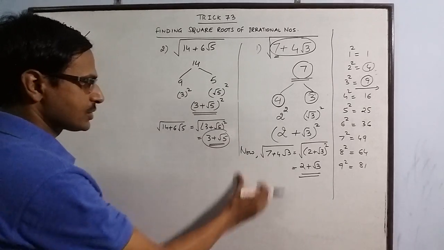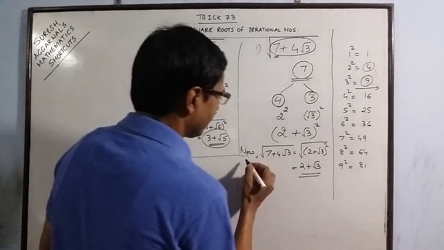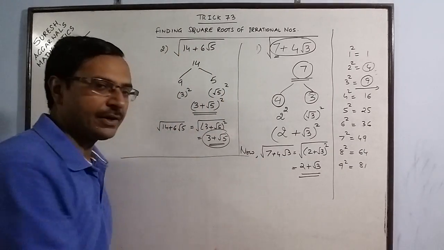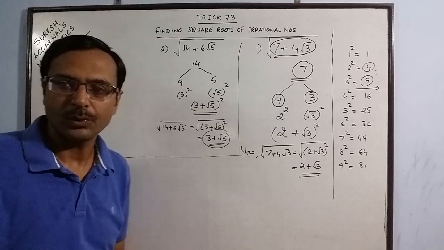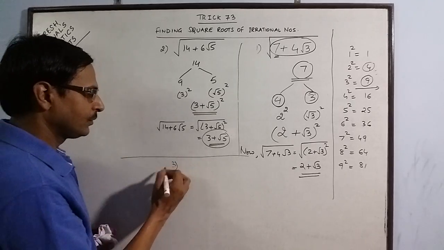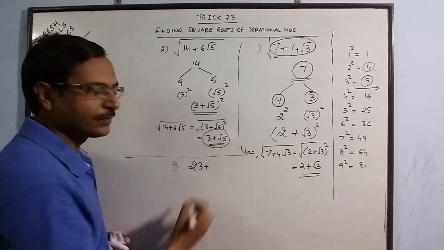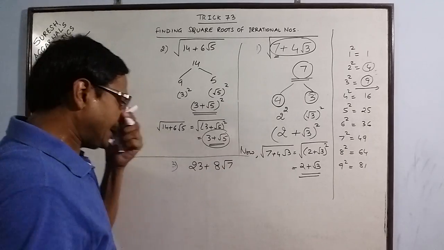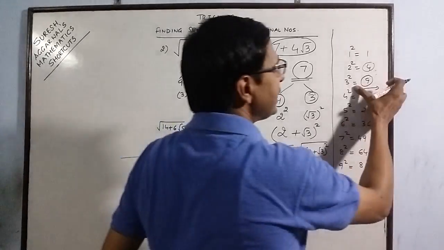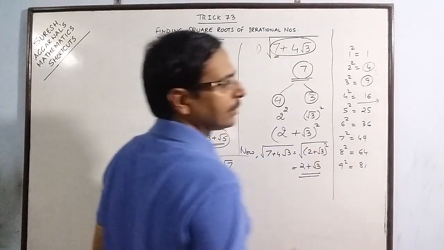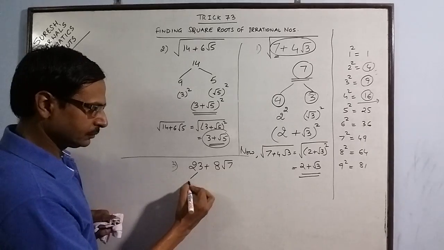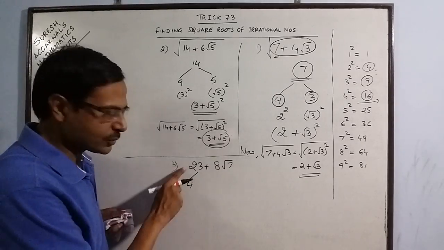Now let us reduce the number of steps we are carrying out for understanding this, and reduce the time of calculating this square. Say we have 23 plus 8 root 7. Now see, 23 lies here. So I take 16. 16 is 4 square.